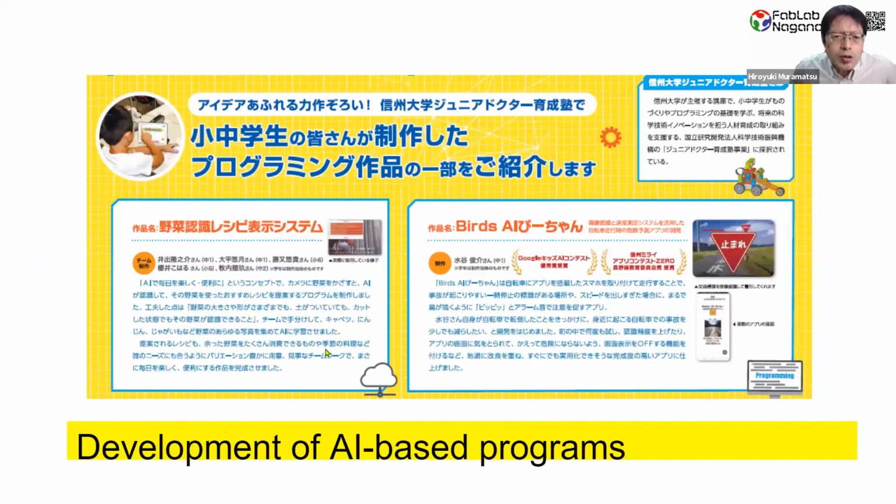The next slide shows AI programming, the development of AI-based systems. First, there is a vegetable-checking AI system. This system recognizes vegetables and shows recommendations for those vegetables, cooks and recipes.